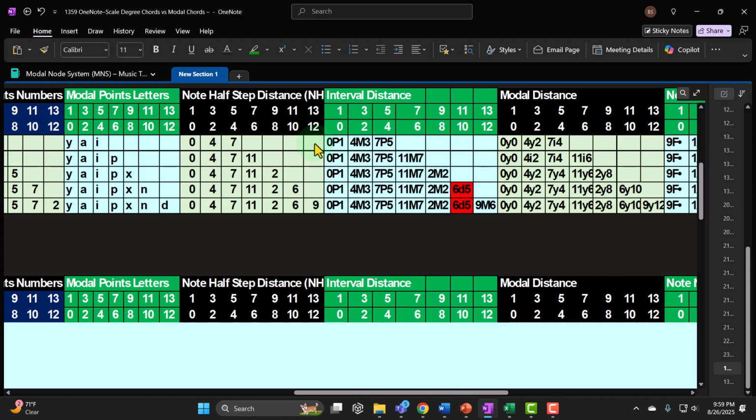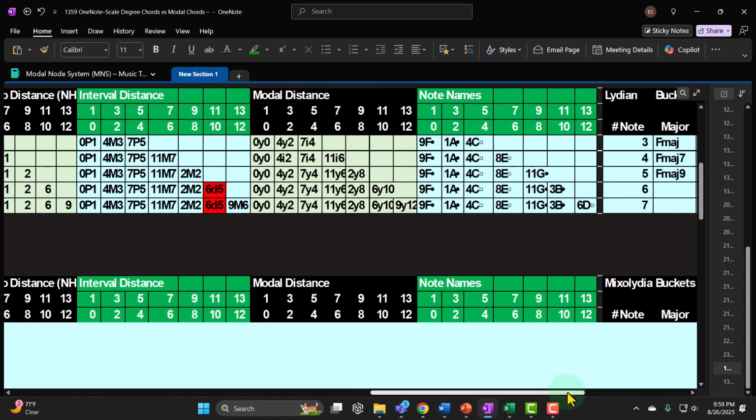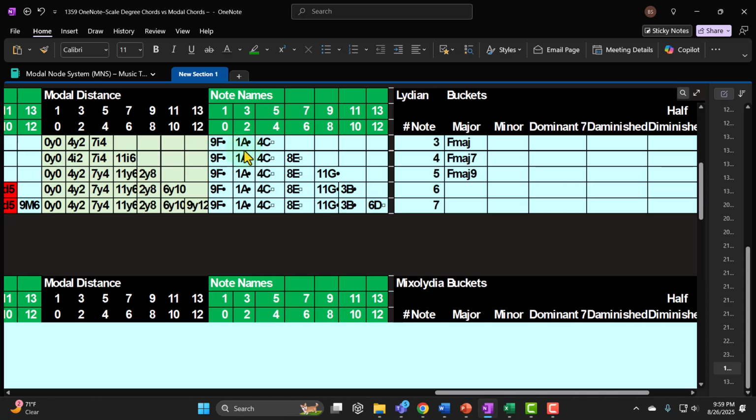And then if it's a 12 modal half step up, which would be the 13th scale degree, it's 9 notes away, or 9 plus 12. If we take the octave, that would be a 9 note away major 6, or 9 note away major 13, or 9 note away from the Lydian node, 12th modal half step. These are going to be the notes. Again, these will change if we do this in Excel and I change the note name.